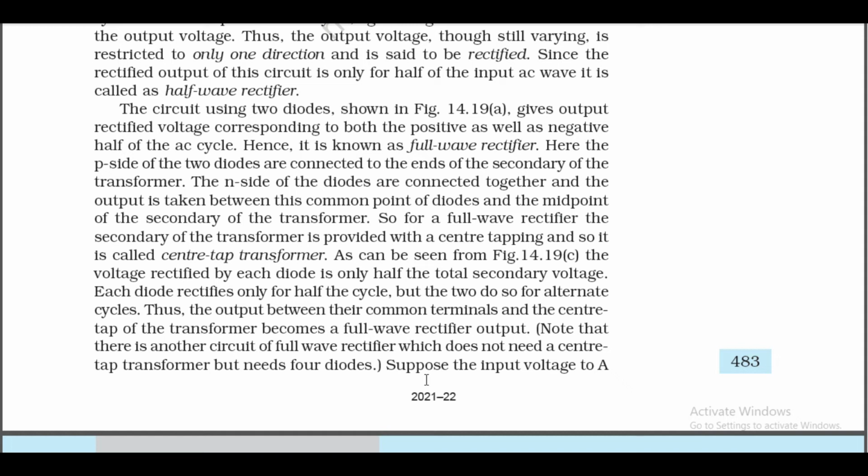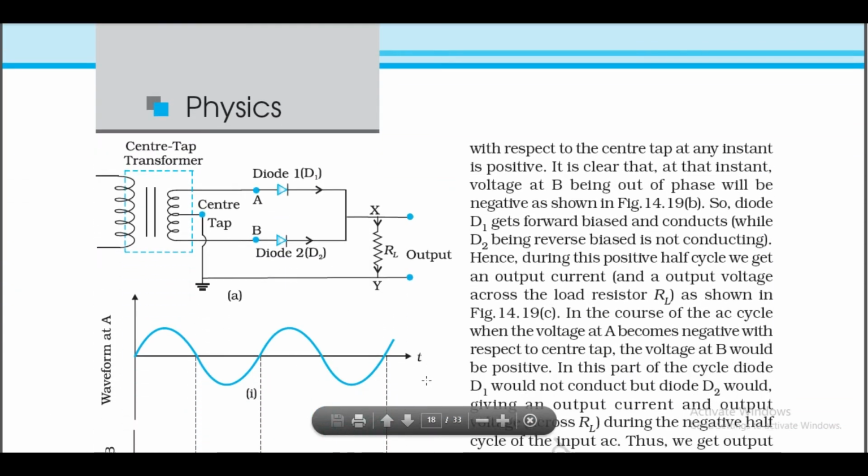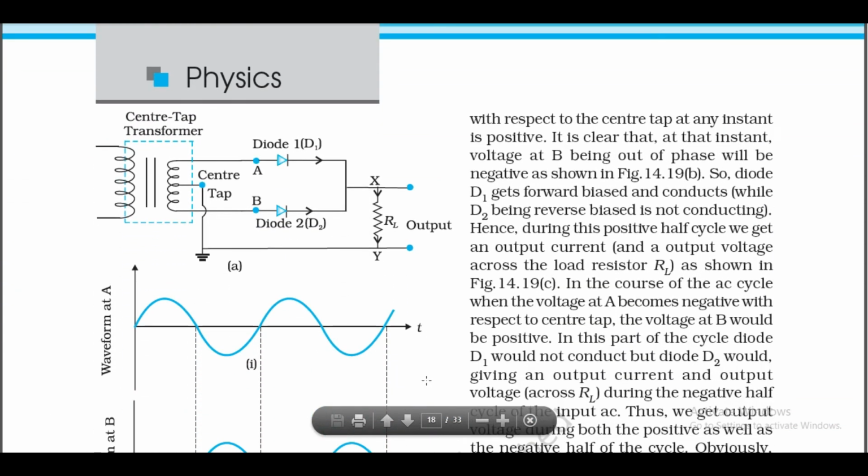Note that there is another circuit of full wave rectifier which does not need a center tap transformer but needs 4 diodes. Suppose the input voltage at A with respect to the center tap at any instant is positive. It is clear that at that instant the voltage at B, being out of phase, will be negative as shown in figure 14.19.